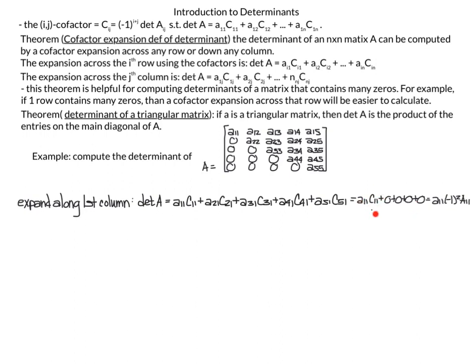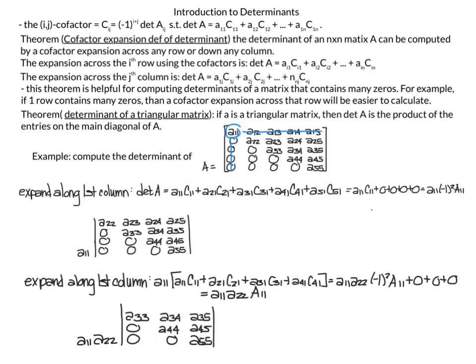And then to calculate our C11, well, that will be -1 to the 1 plus 1, which is squared, times the matrix M11. And I can circle my A11, and I'm going to cross out the first row, first column. So here is my remaining M11 matrix, and my A11 is circled.